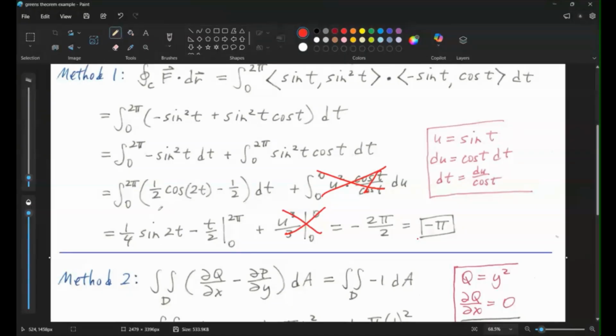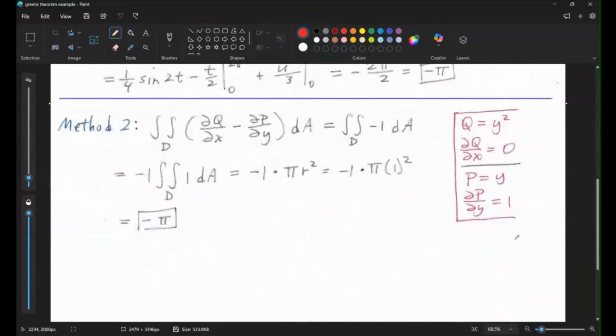That just leaves this part for this. So when we take the integrals of both of these, we get this. When you plug in your 0 and 2 pi, this goes to 0 anyway. So it really just leaves this, which is this, which is this. So we get negative pi with all this. And this can be a considerable amount of work to do all this integration.